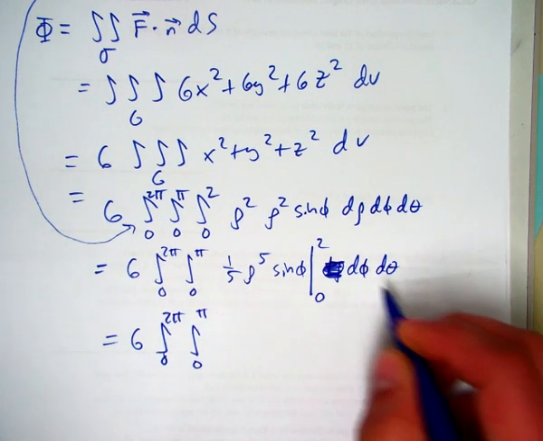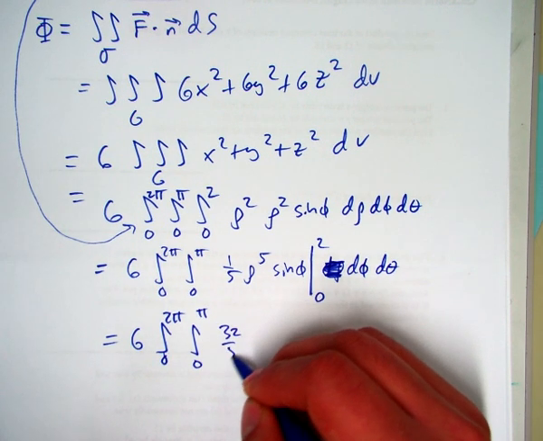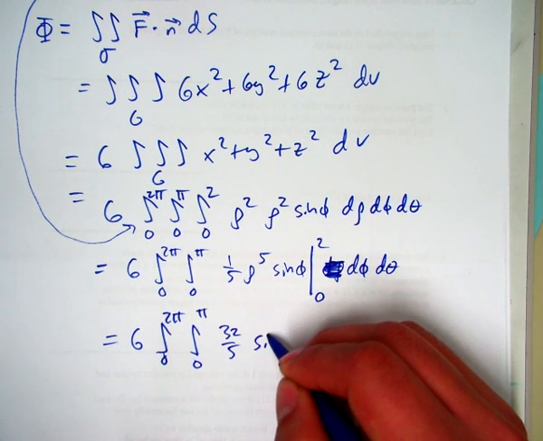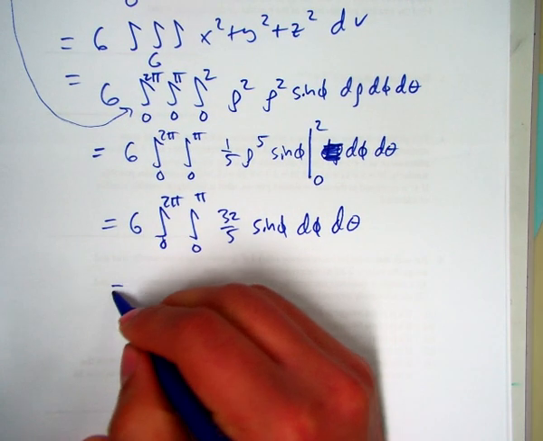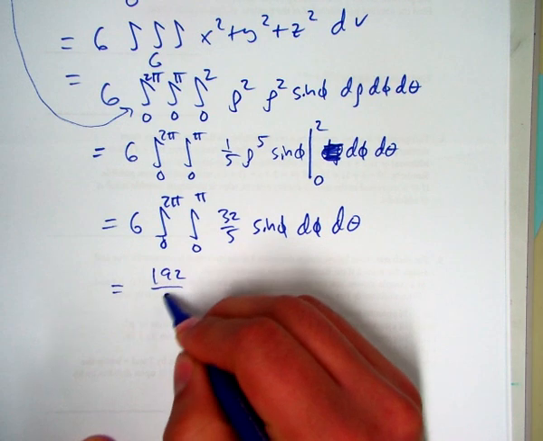Plug in 2, you get 32/5 sine phi d theta. So that's 192/5 if you pull it out.